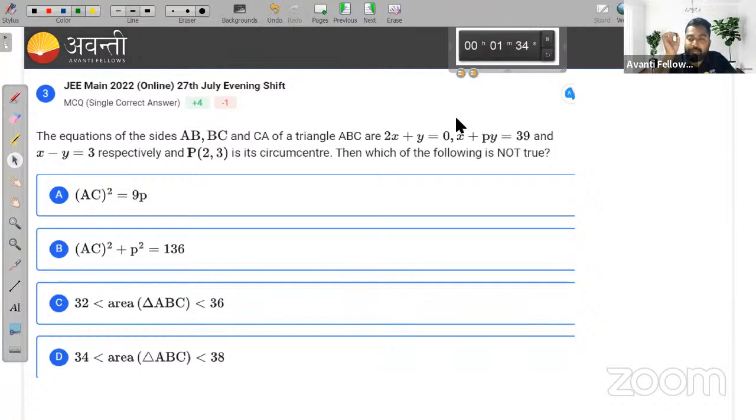Try it. It's a question from JEE Mains 2022, held on 27 July, second shift.